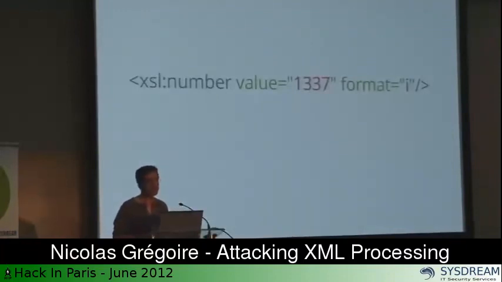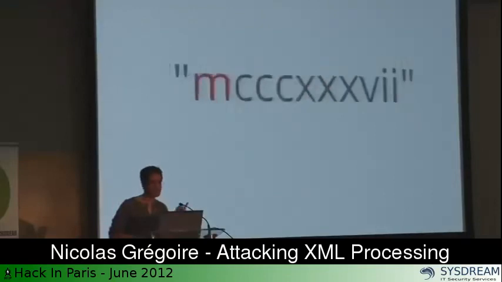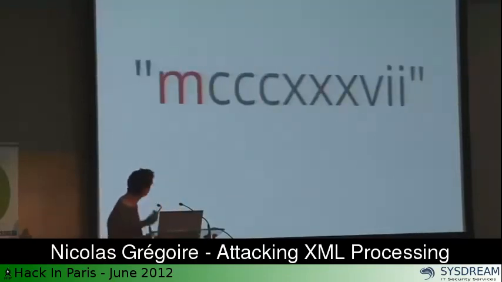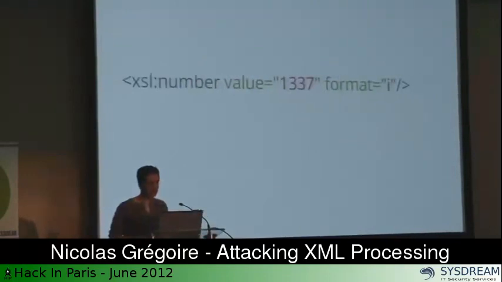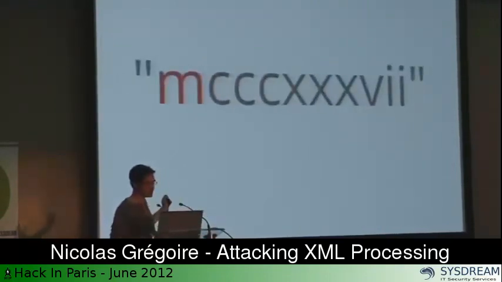It's used to convert one number to another format. Here the number we want to convert is 1337. I wonder why. And the format we want for the output is I, which is Roman numerals. Everybody knows what Roman numerals are, something like that. So converting 1337 to Roman gives that.